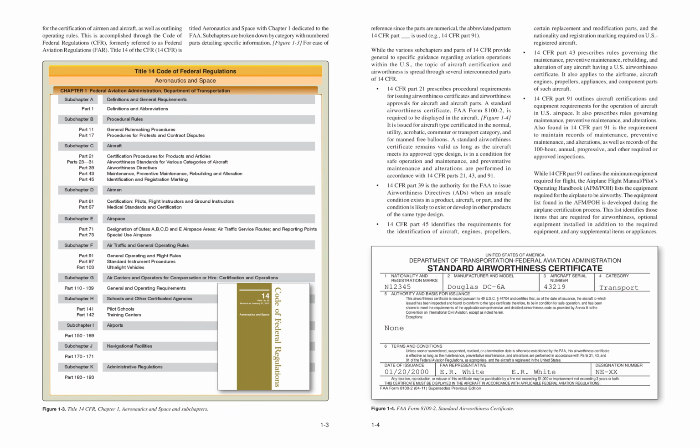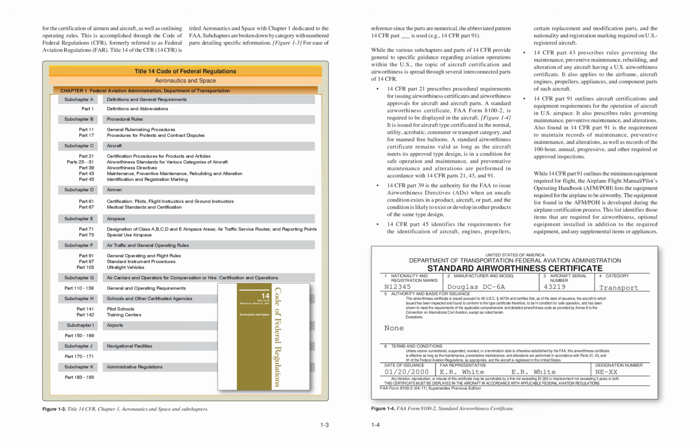Part 150 to 169. Subchapter J. Navigational facilities. Part 170 to 171. Subchapter K. Administrative regulations. Part 183 to 193. Figure 1-3. Title 14 CFR, Chapter 1, Aeronautics and Space and Subchapters.